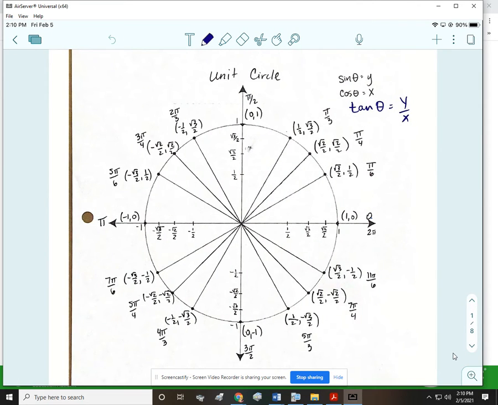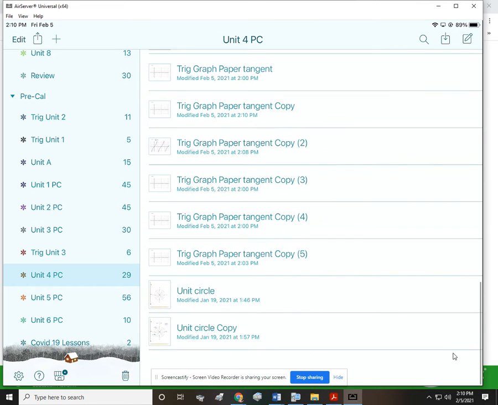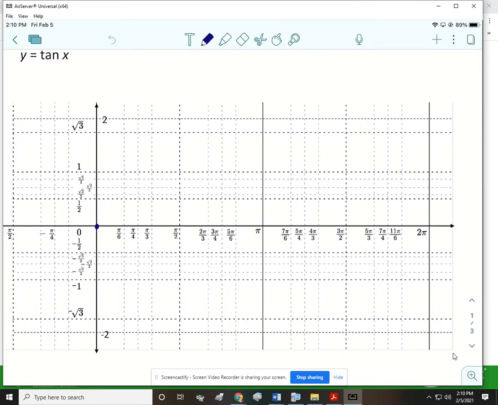So we would have 1/2 divided by the square root of 3 over 2, or multiplied by the reciprocal. All right, so we end up with 1 over the square root of 3, or in simplified form, the square root of 3 over 3, which is going to be that value right there.